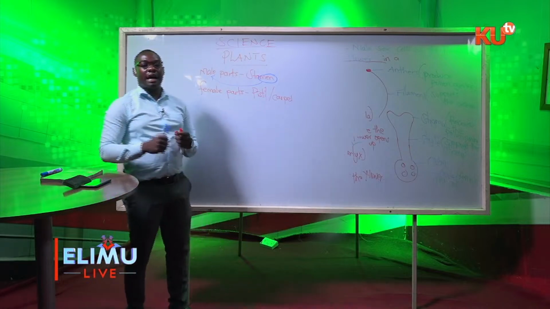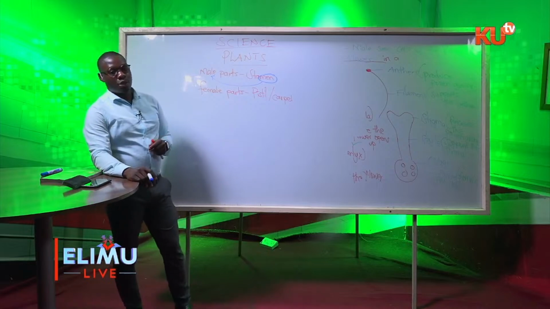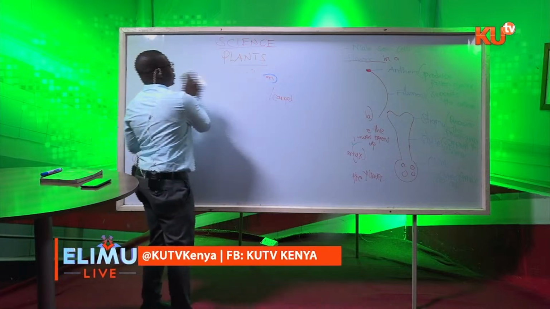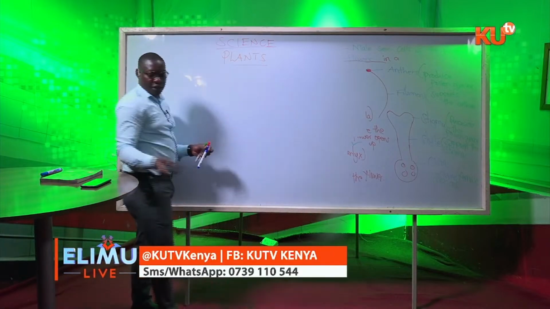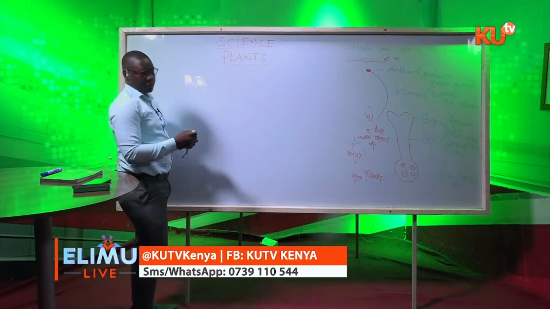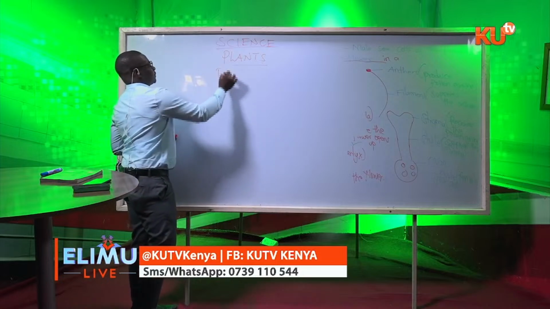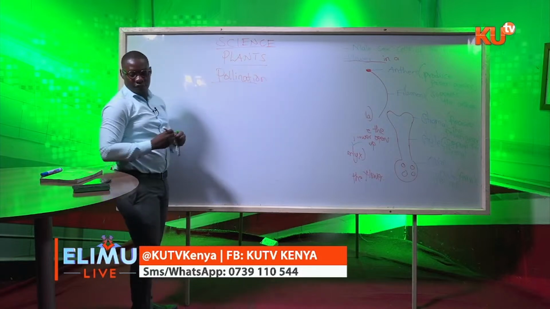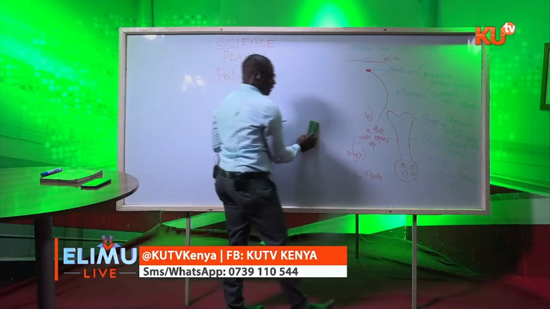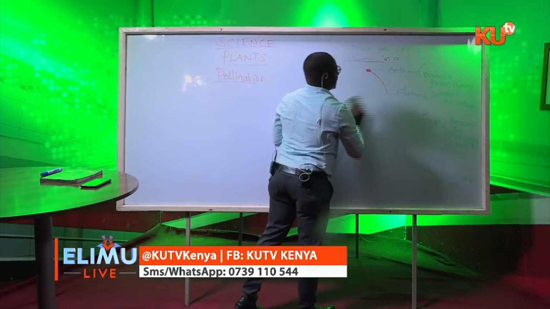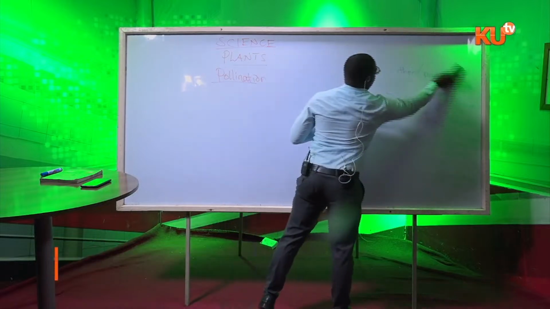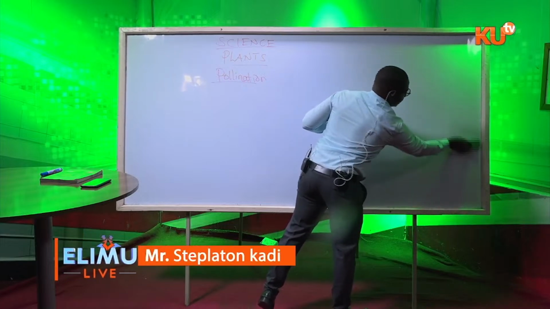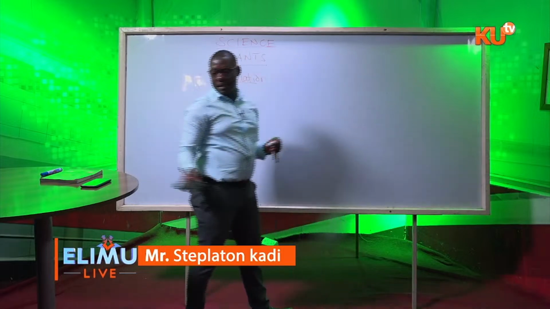After looking at the parts of the flower, we want to look at what we call pollination. And what is pollination? We've been talking about the male sex of the flower and the female sex of the flower. Pollination is the movement of the sex cells, especially the male sex cell.